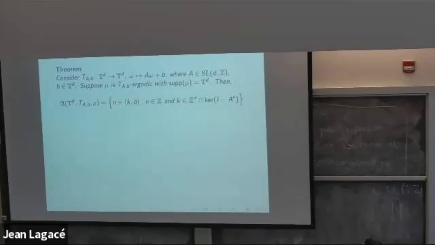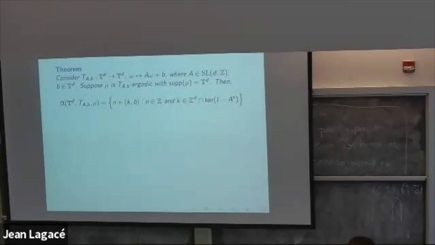Then the theorem identifies the Schwarzman group as this set. And again, Z is here, right? You have all the n's in Z here. But what you also have are these k comma B's, where B is the translation vector here, and k runs through all integer-entried elements of the kernel of I minus A star.